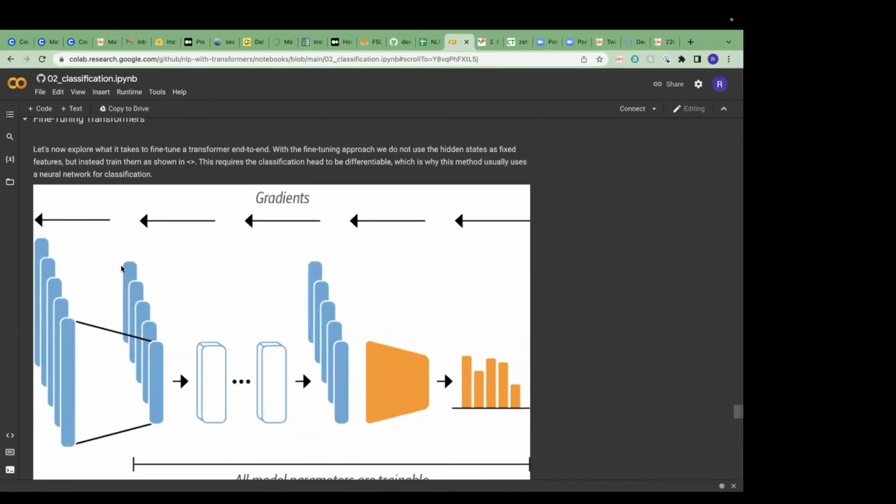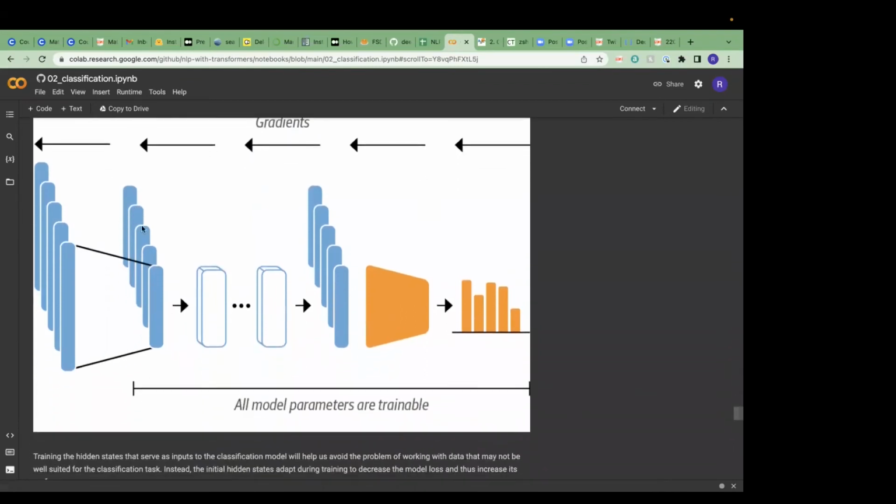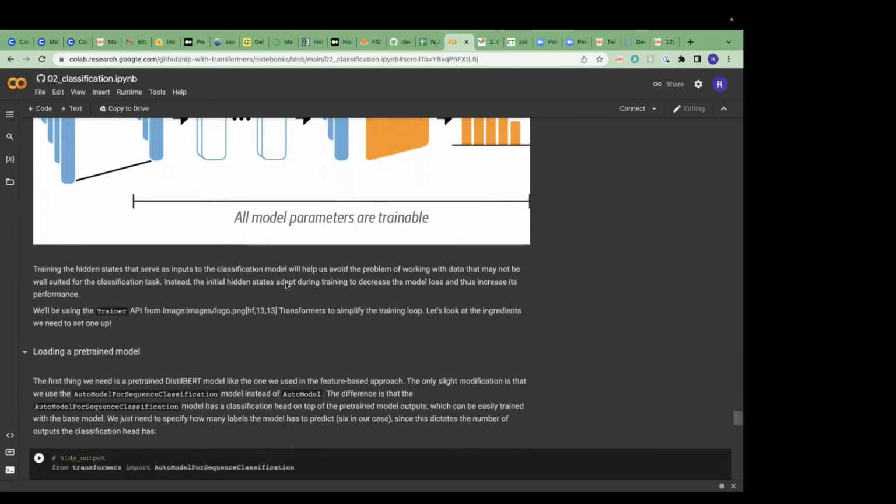So the next thing is fine-tuning the model. We have the classification head, but we're propagating gradients through the whole network, including the encoder.